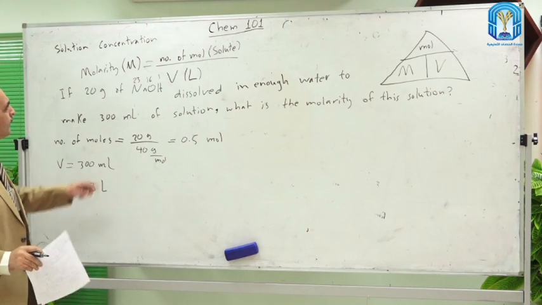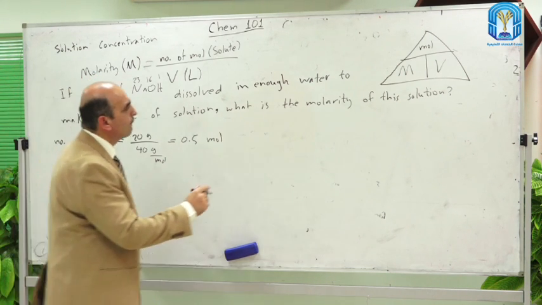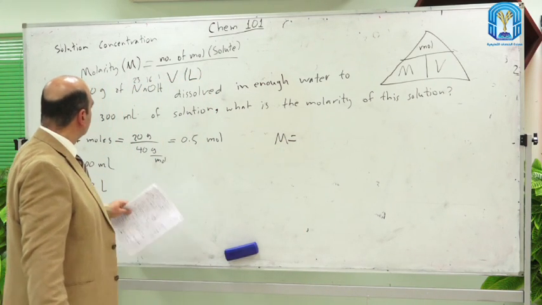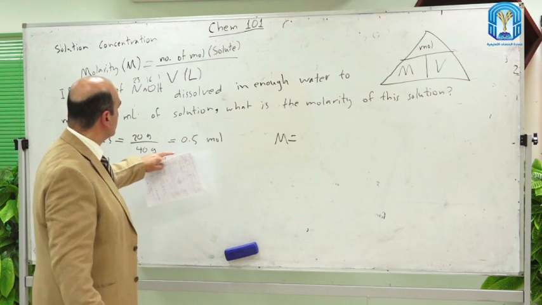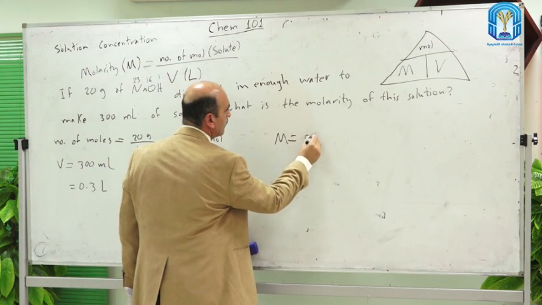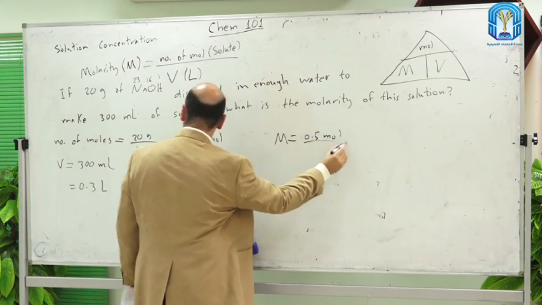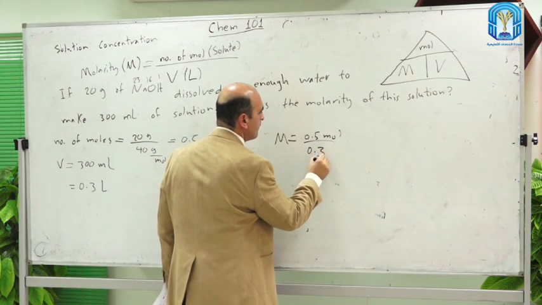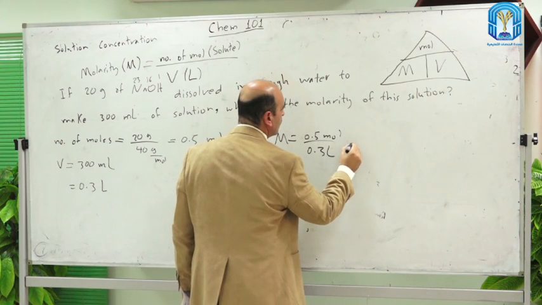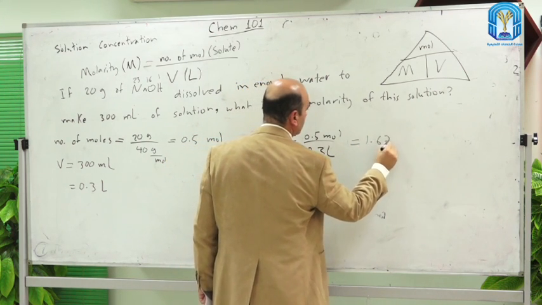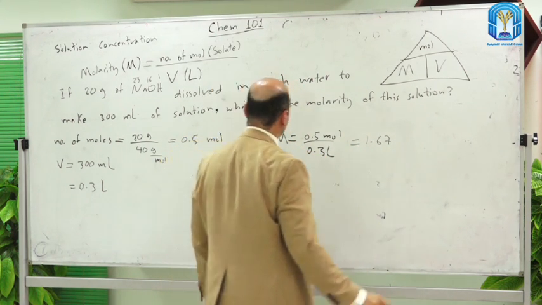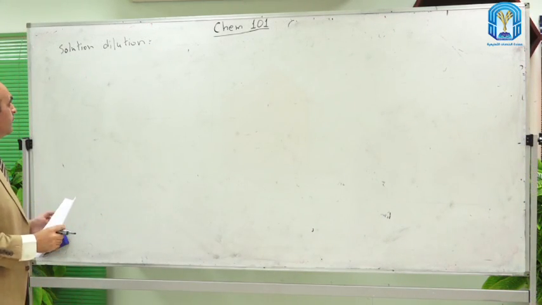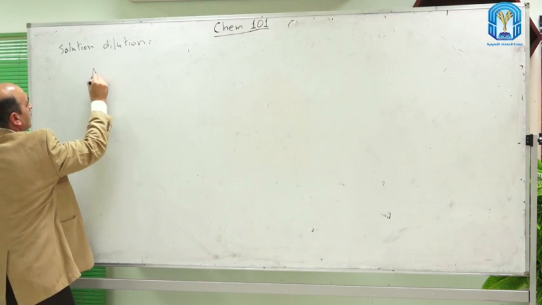Now we can use the equation M equals number of moles, we have 0.5 mole, divided by the volume of the solution, 0.3 liter, and this is equal to 1.67 molar.